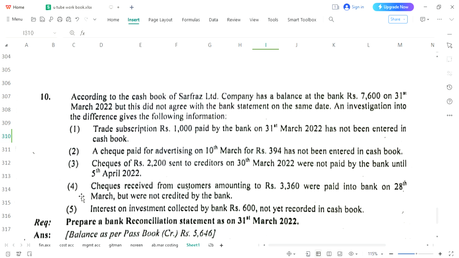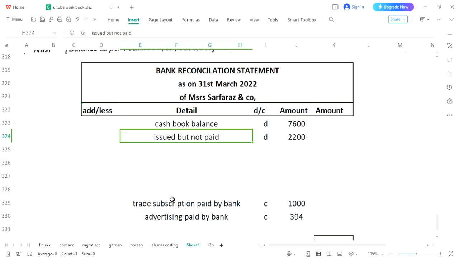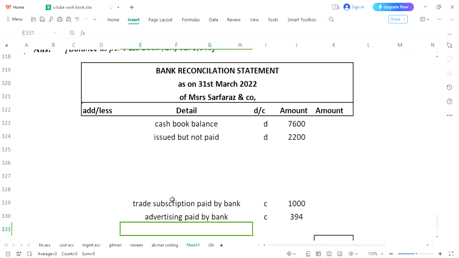Okay, fourth point, checks received from customers were paid into the bank. When you pay your checks into the bank, you check whether they are credited or not credited. It is clearly mentioned, not credited. As you know, the rules say not credited checks are to be written on the credit side.